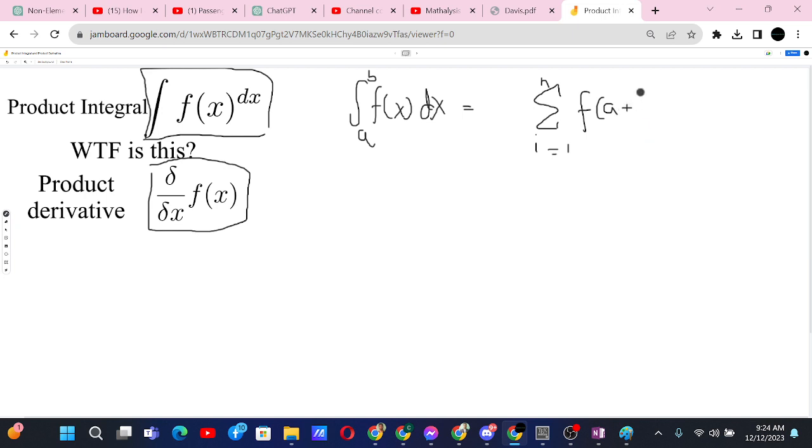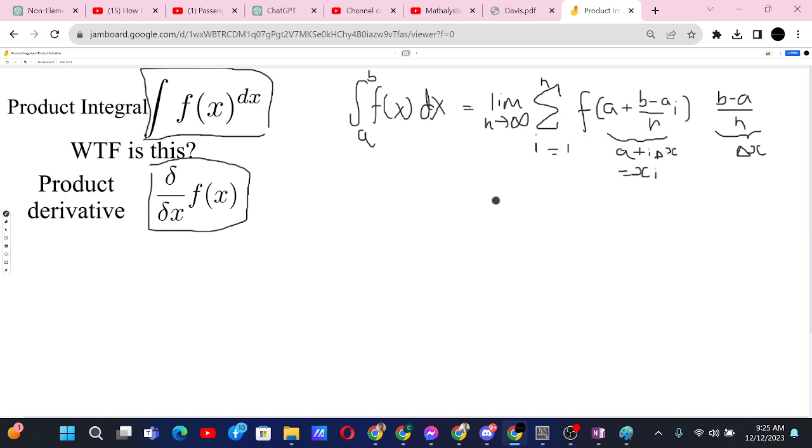If the limit n goes to infinity, this Riemann sum will be equal to the integral. Here (b minus a)/n is actually delta x, the length of a subdivision while we are integrating, and a plus i times delta x is just xi.